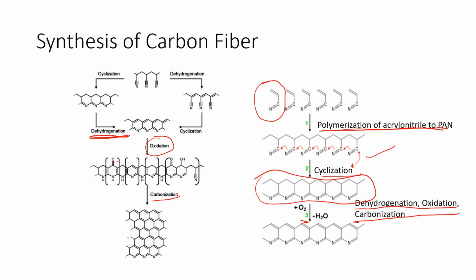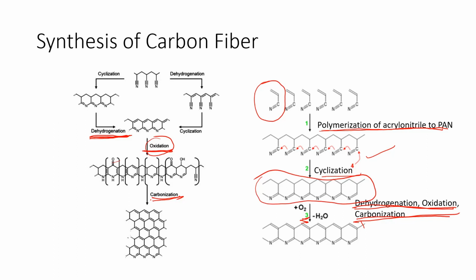So these are the three major steps: the polymerization of acrylonitrile to PAN, then cyclization, and the third step, the combination of dehydrogenation, oxidation, and carbonization. All these three steps I have already shown on the left hand side step by step: dehydrogenation, oxidation, and finally carbonization to get the ultimate carbon fiber.